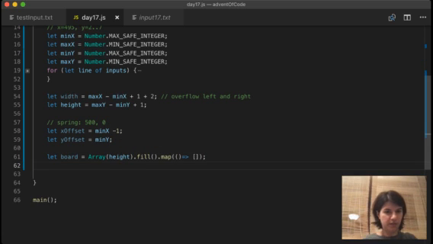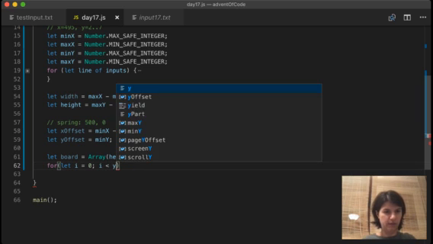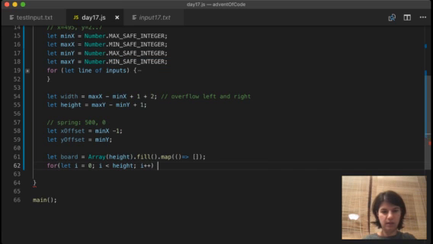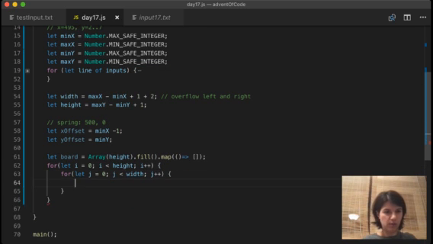And then every array is this long, so for let i is equal to 0, i is less than the height, i goes up. For let j is 0, j is less than the width, j goes up, and now we want board of i j. Yeah, this is filled with arrays and they're all the sand for now.